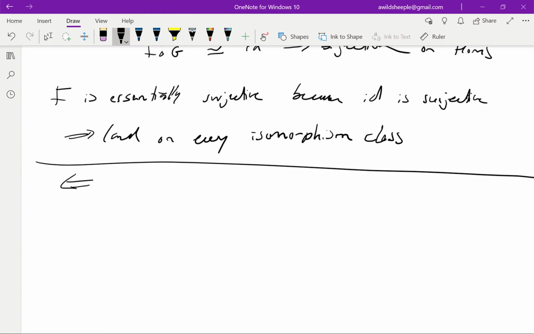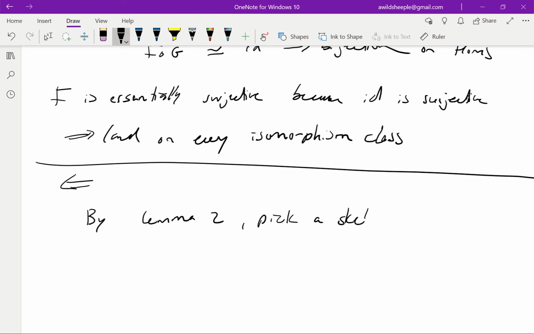And for this, we use the lemmas. So first, by lemma number 2, we pick a skeleton. And we'll call that skeleton CS, just to make it clear what's going on.